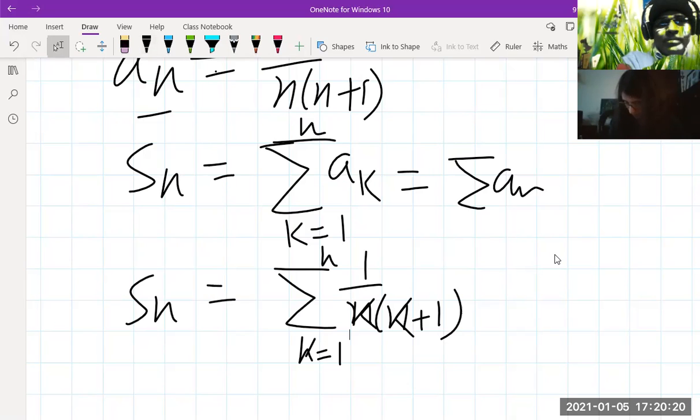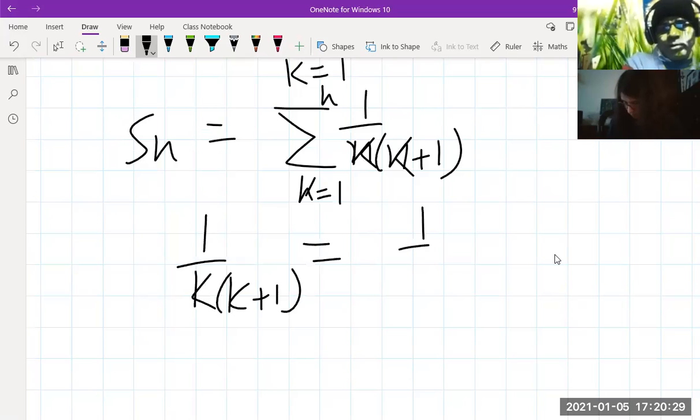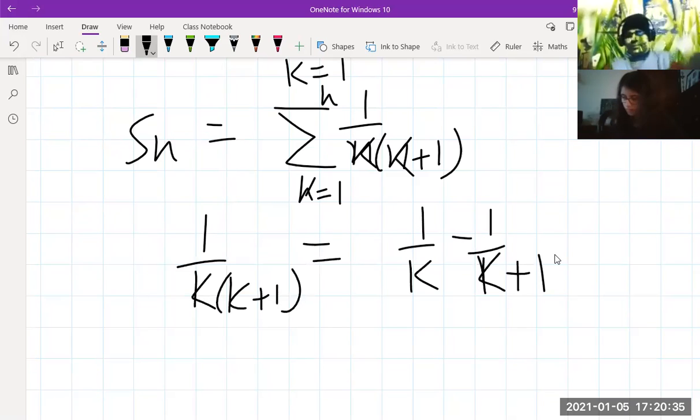So see, 1 upon k into k plus 1 can be written as 1 upon k minus 1 upon k plus 1. This is also known as partial fraction. In advanced classes, you are in 11th, I think, and in 12th you have to do partial fractions.